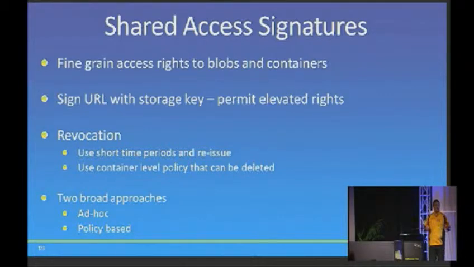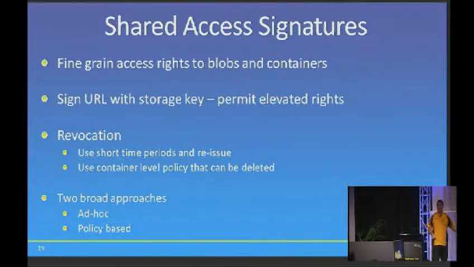So we basically create these time-bounded permission sets. In order to revoke these rights, we have to do one of two things. We either get revocation by the fact that the time expires. The other way we can get revocation is we use what's called a container level policy. So we actually define a policy at the container level, and then we create a pointer to that policy from our shared access signature.